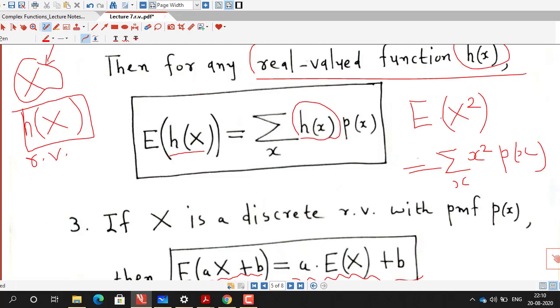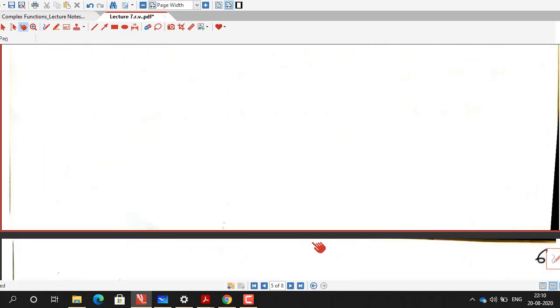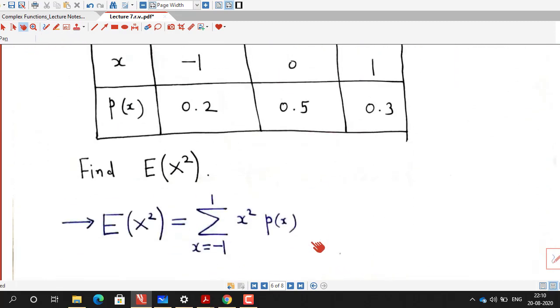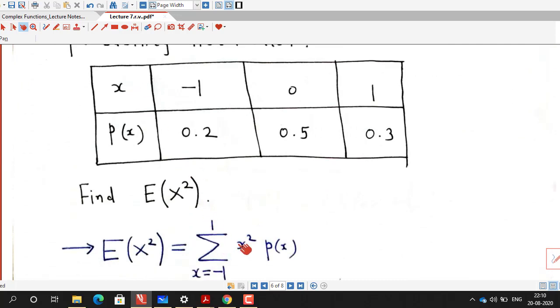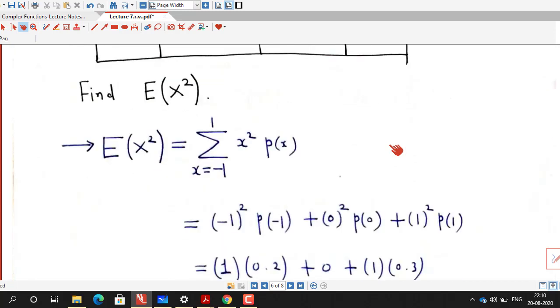Okay, so using this remark, we can write the expected value of capital X square as sigma x square into p of x. So we have to multiply the square of minus 1 with 0.2, the square of 0 with 0.5 and the square of 1 with 0.3.